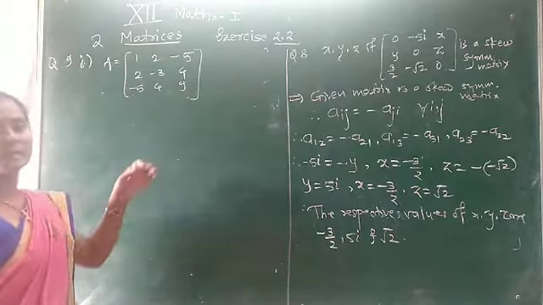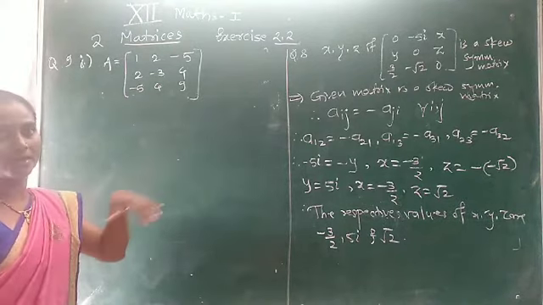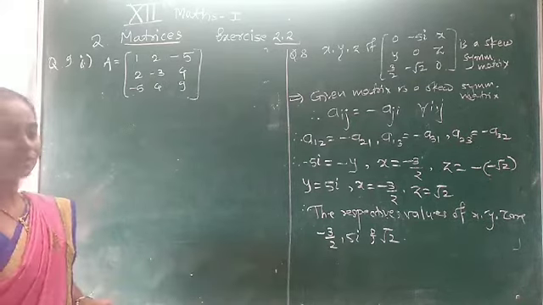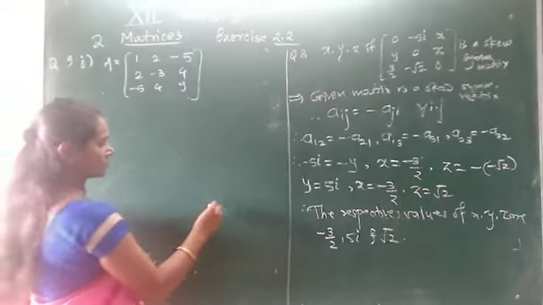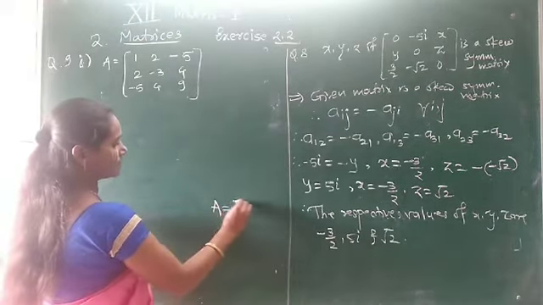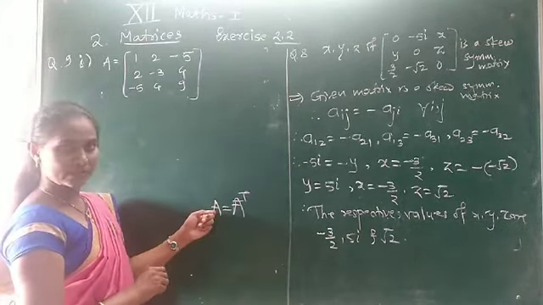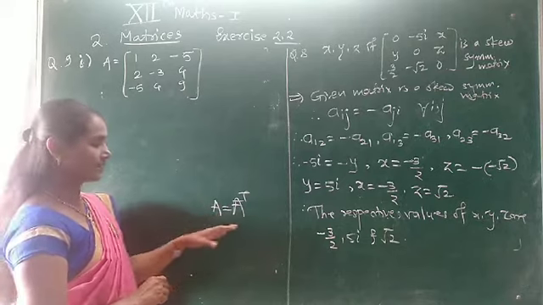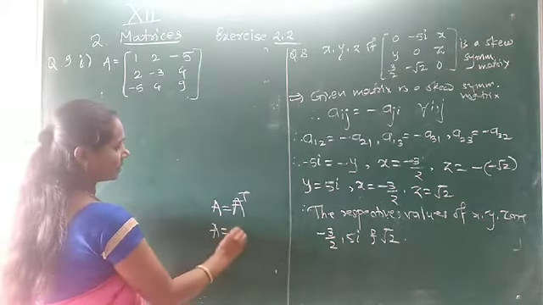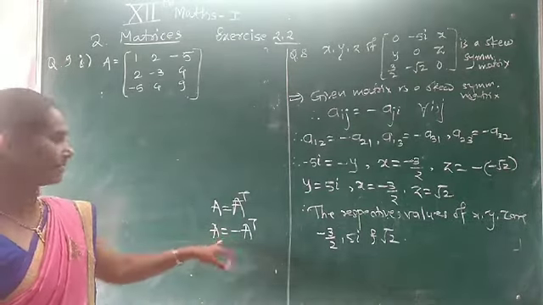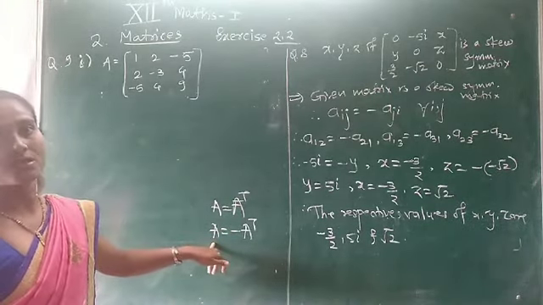So we have to find the transpose of this matrix and check whether it is symmetric or skew symmetric. In the last lecture, we saw the properties of a transpose. If A is equal to A transpose, then A is called a symmetric matrix. If A is equal to minus A transpose, then the matrix is called a skew symmetric matrix.